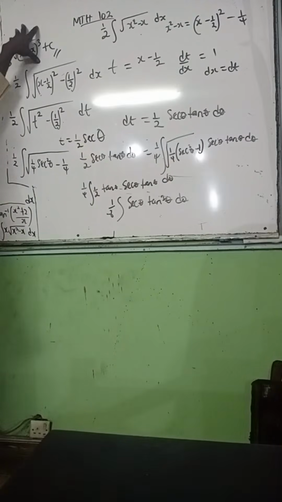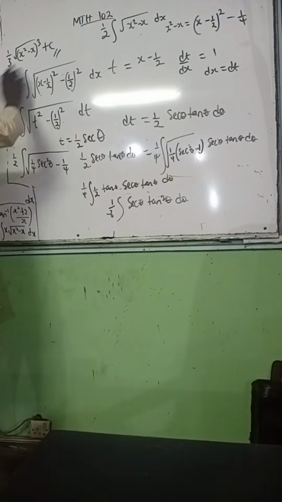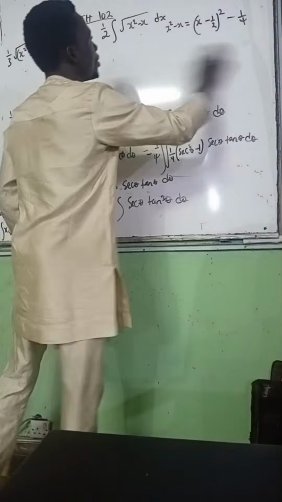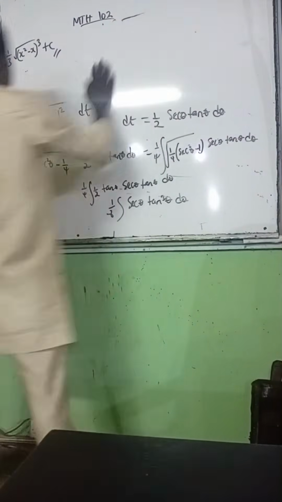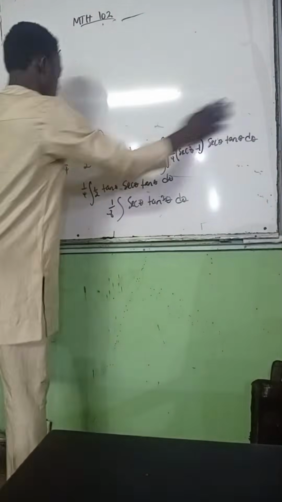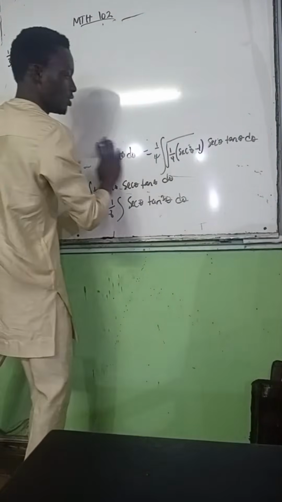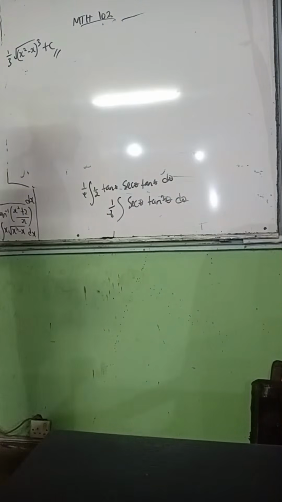We are done with the first part. Let's use by parts. Can I clean it now? Sec theta minus 1 is tan theta? Sec theta minus 1 is sin theta, I mean, sorry.